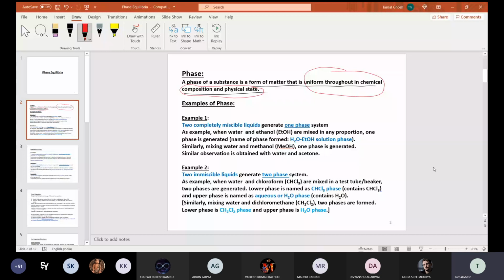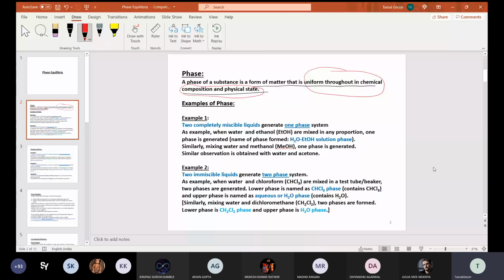Let us take this mixture of water and ethanol. Remember, if you take a test tube and put water and ethanol in any proportion, you can take 1 ml water and 99 ml ethanol, or 99 ml water and 1 ml ethanol.